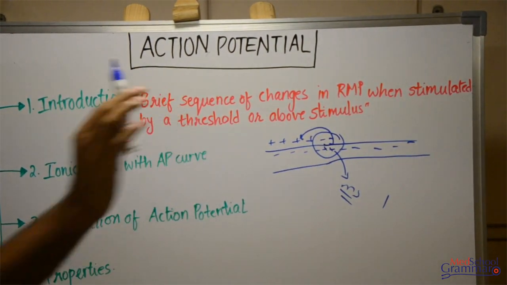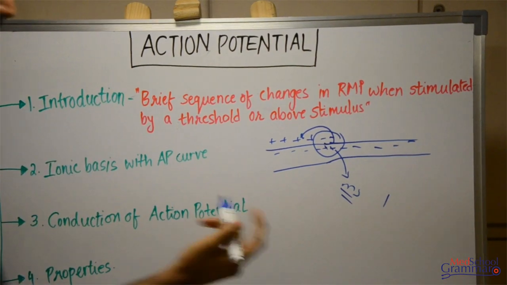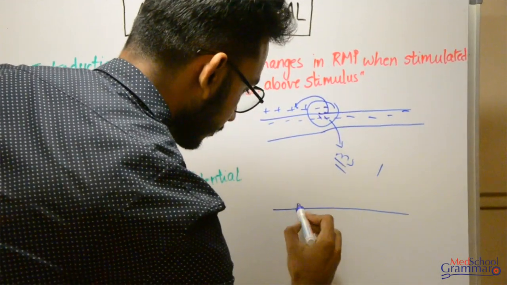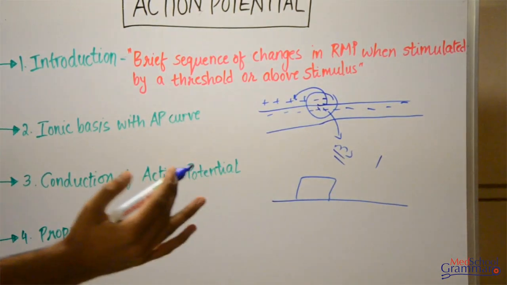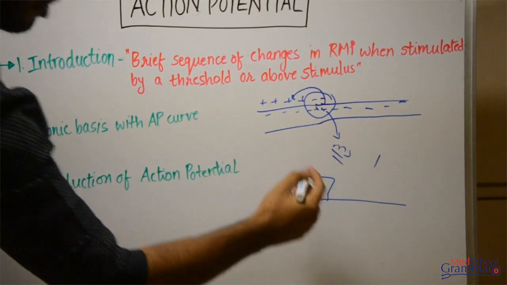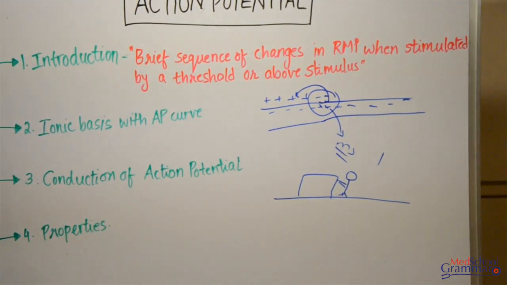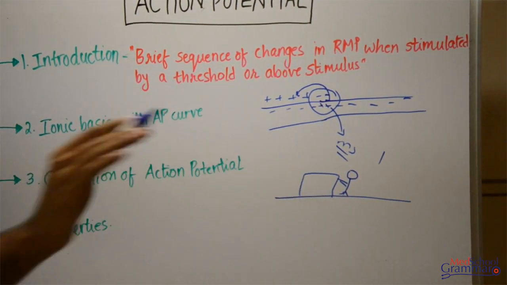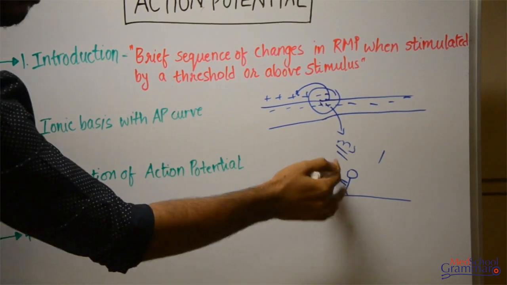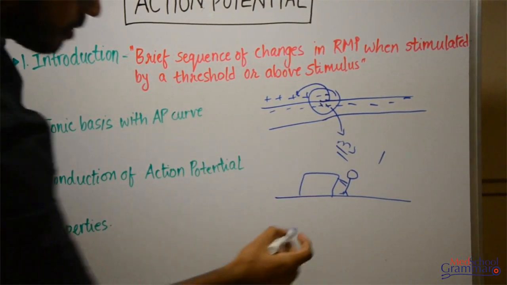Now this word is really important. What do you mean by threshold stimulus? Now imagine this is any body, any mass, it is a heavy object and you are pushing it with minimal force. Will this object move? It won't move because the force you are applying is minimal.